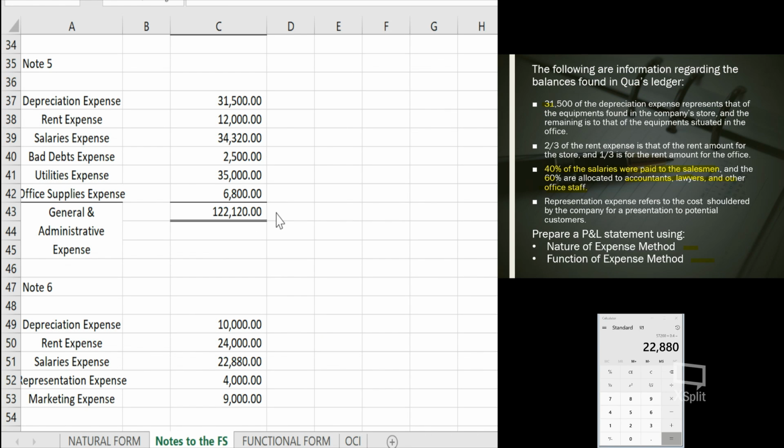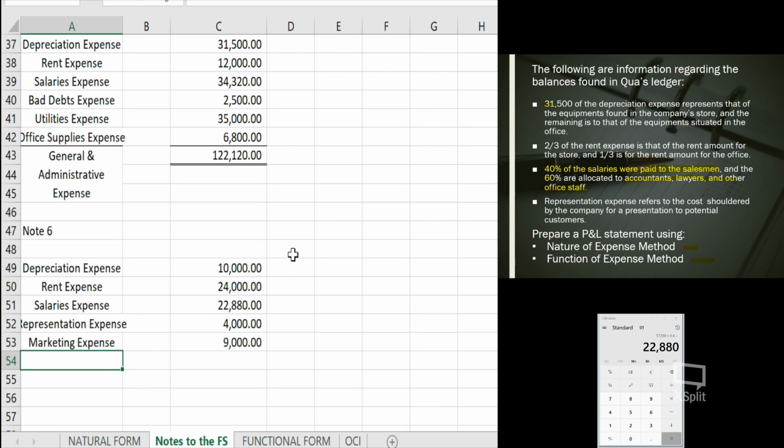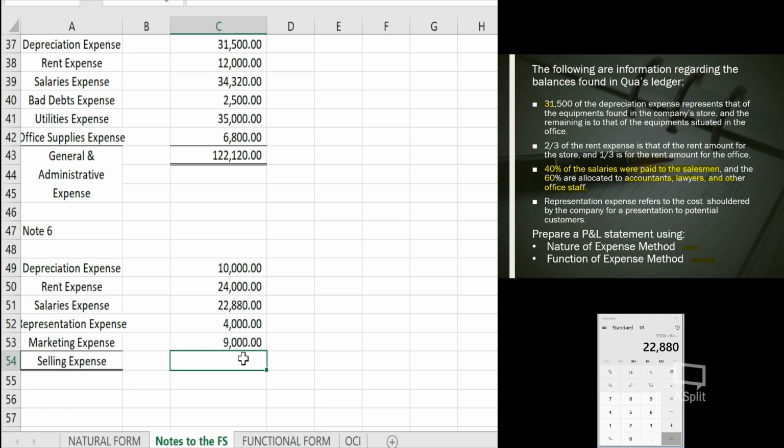So, ito na yung magiging selling expense natin, sorry. Okay, total lang natin. Ayusin lang natin yung border. So, the sum of these, yan. So, this is the amount of our selling expenses. And this one is 69,880.